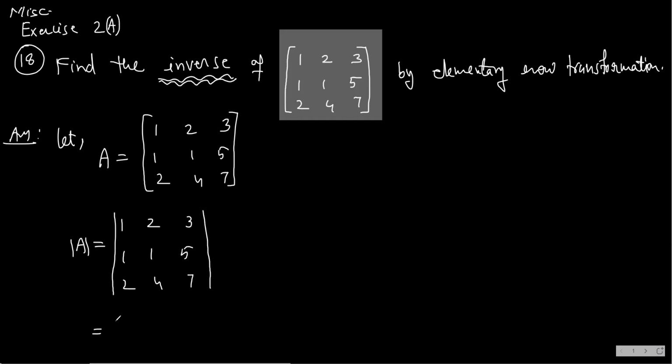Determinant of this is 1 into 7 minus 20. You know, I ignored this row and this column. So 7 minus 20. Then I have minus 2 into 7 minus 10, plus 3 into 4 minus 2.